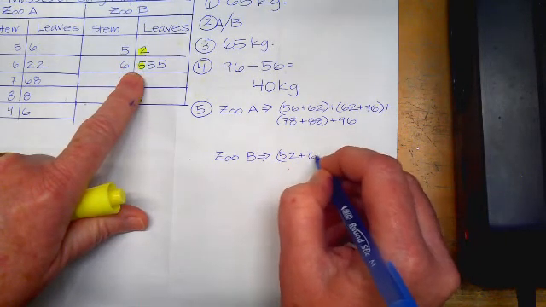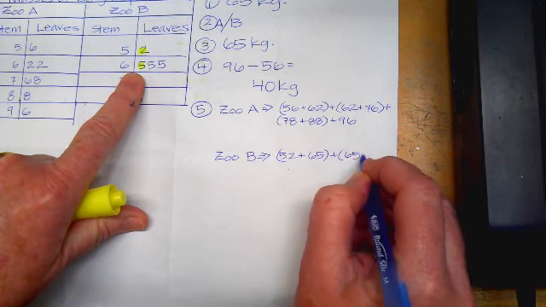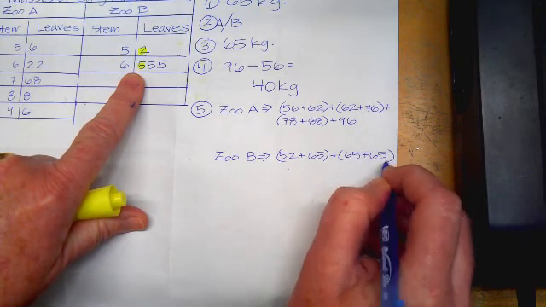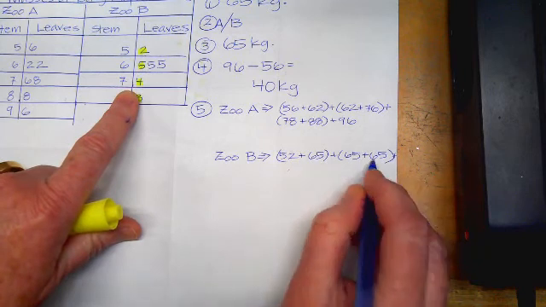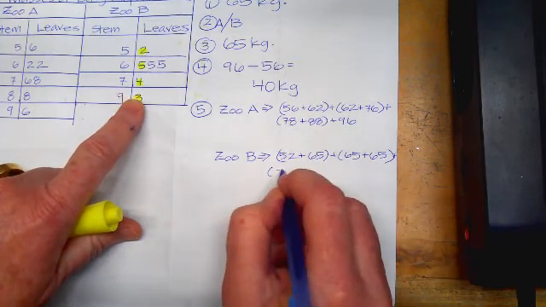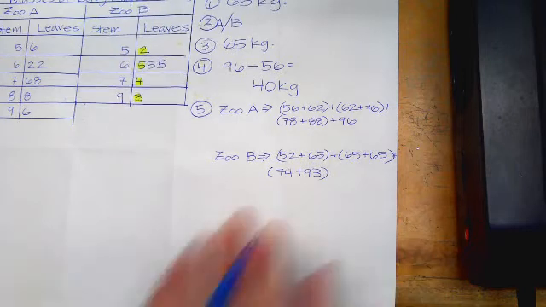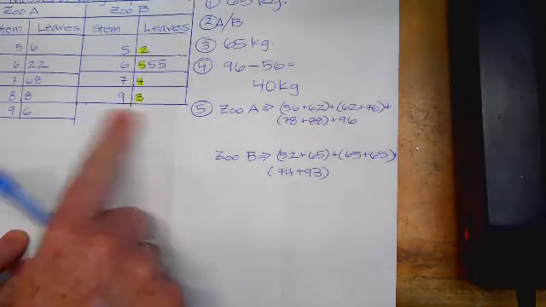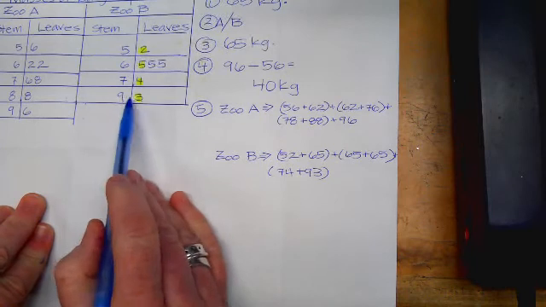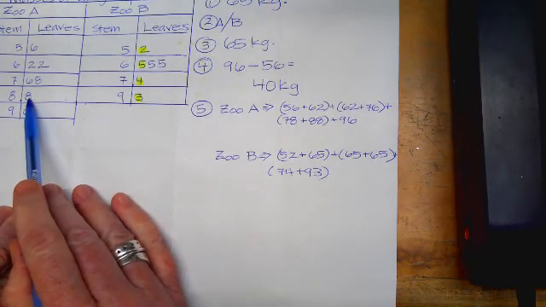Okay, so that's Zoo A. This is zoo B. 52 plus 65 plus 65 plus 65 plus, did I get 3 65s? I did, plus 74 plus 93.